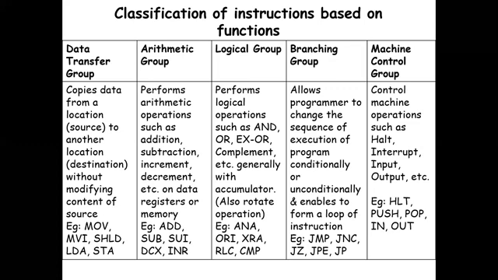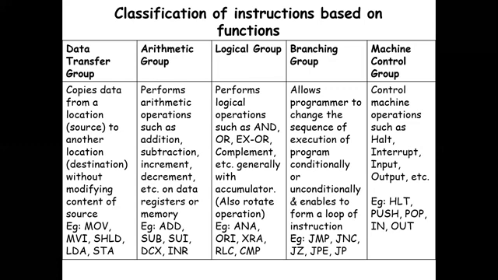Logical group performs logical operations like AND, OR, NOT, XOR and RLC, that is rotate right, rotate left, compare, complement, like that. The branching group allows the program to change the sequence of execution conditionally or unconditionally and enables forming a loop of instructions. Examples: jump no carry, jump if zero, jump parity.